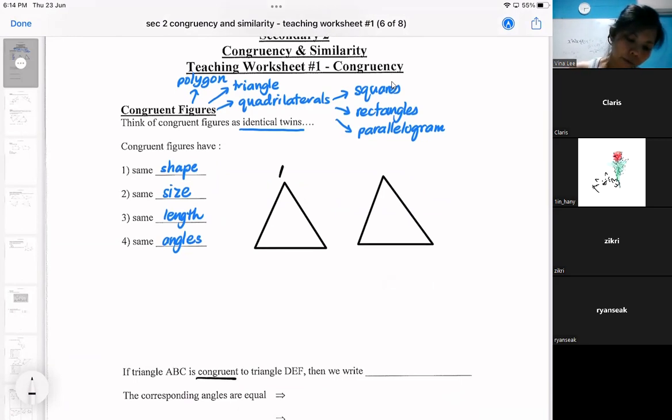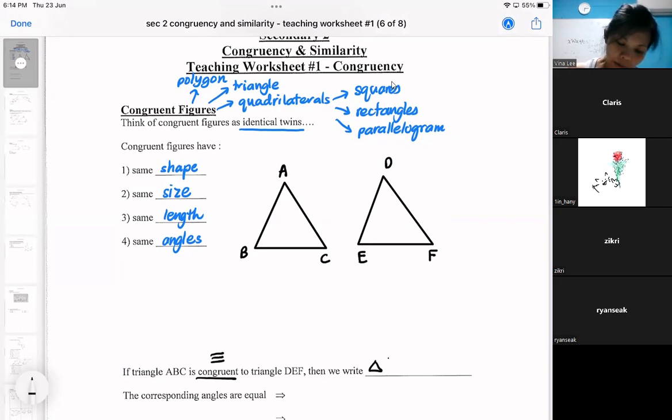I'm going to introduce you to a new symbol. The new symbol will be like this. If these two triangles are identical twins, it is a triple line.